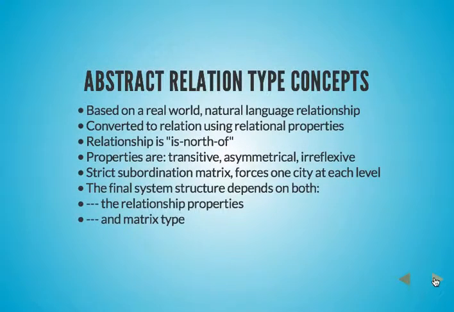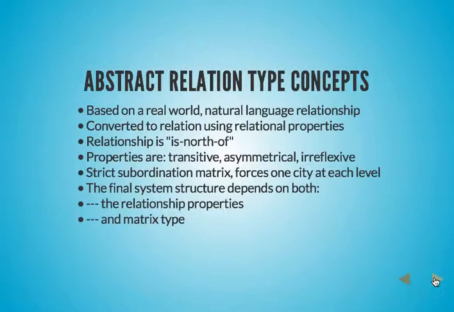The abstract relation type is based on real-world natural language relationships, converted to a mathematical relation using relational properties. In this case, the relationship is "north of." We're going to order these cities using the relationship "is north of." The properties of this relation are transitive, asymmetrical, and irreflexive.